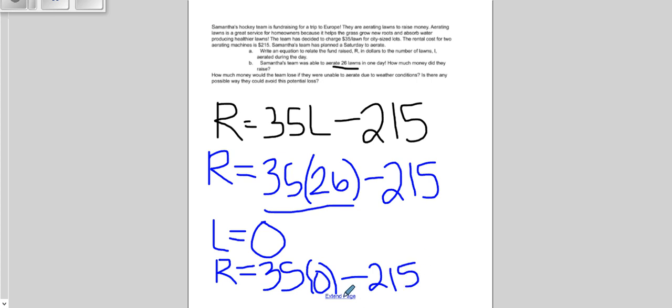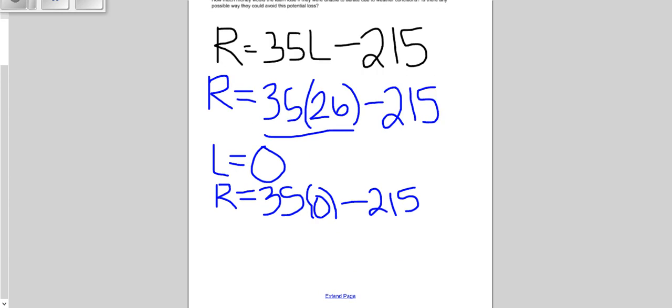We can see that it puts them into the negative side. Because 35 times 0 is just 0, they would have lost that $215 that they had used to rent the machine. So that's where that comes from.